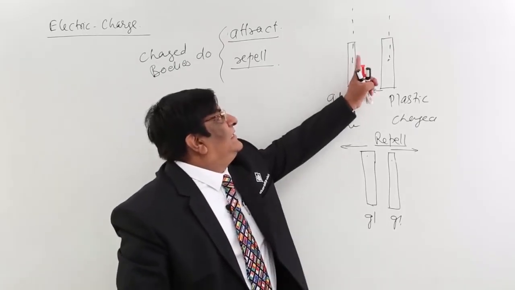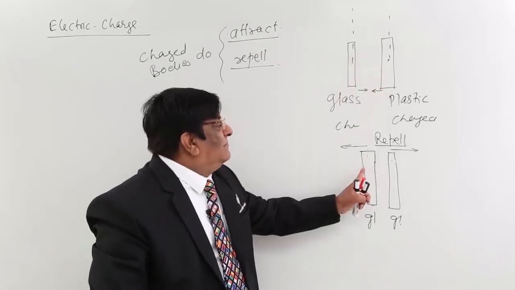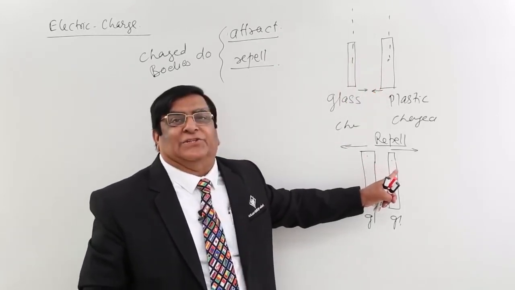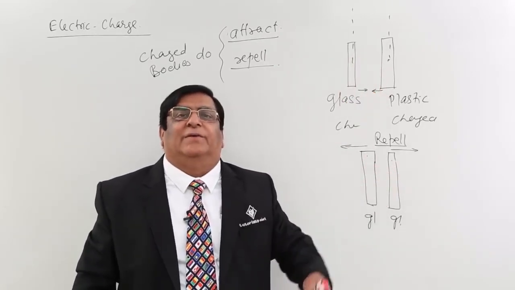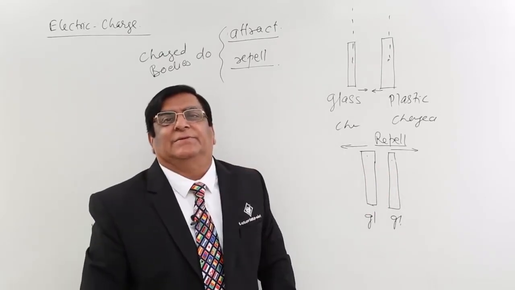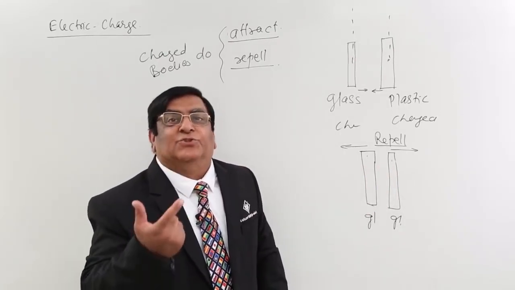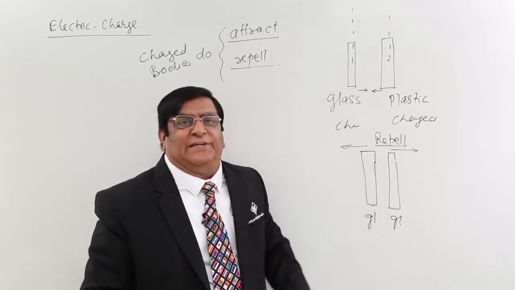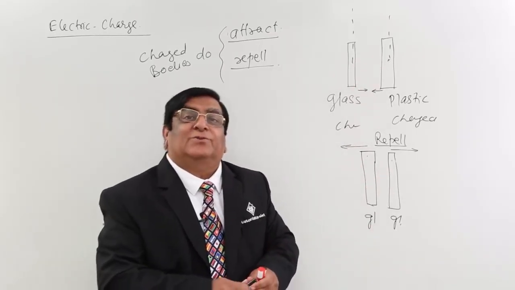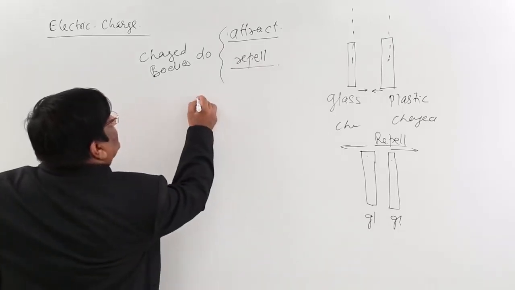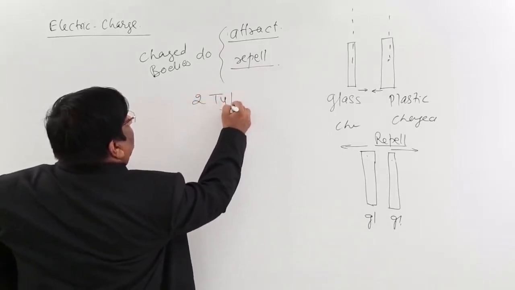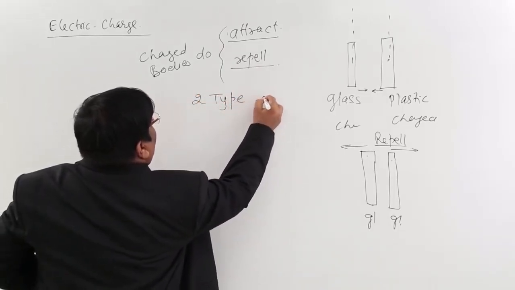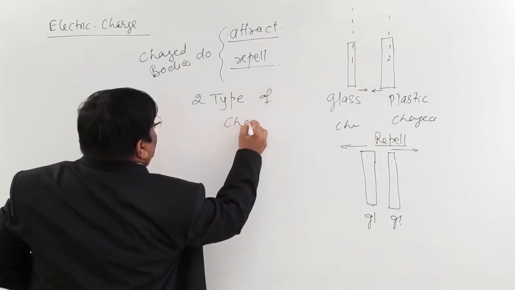Here, these two are attracting each other, but these two are repelling each other. So we have to say there are two types of charges. Only one type of charge should show one type of property, but they are showing two types of properties, so there have to be two types of charges. So we decided on two types of charges.